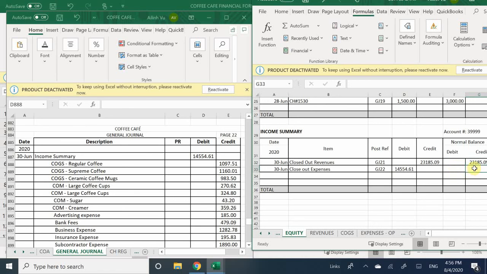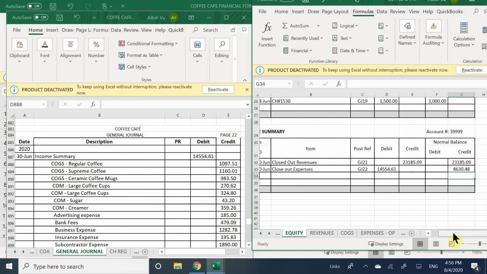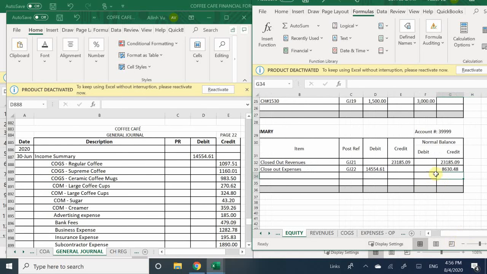And if I were to do it by equation, I actually get a credit balance of 8630.48. That number looks familiar.